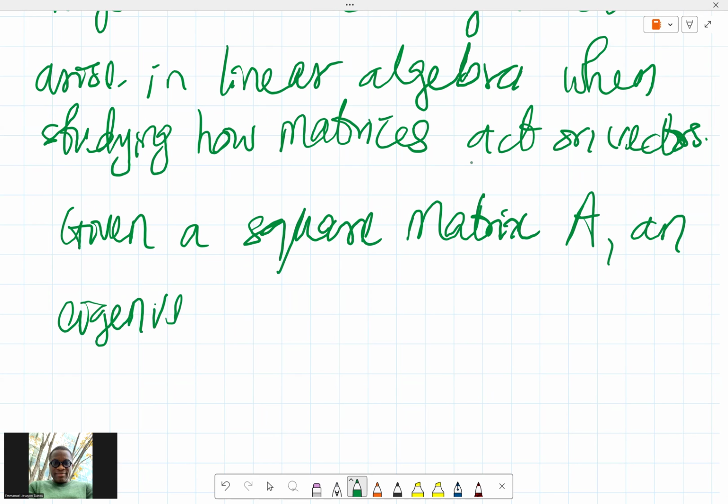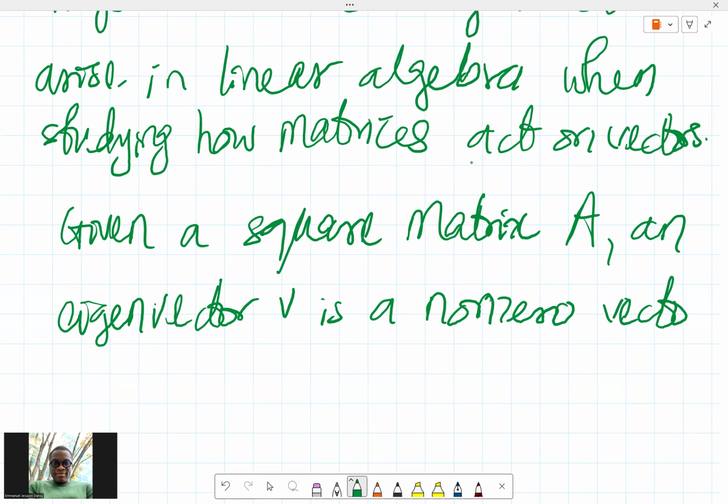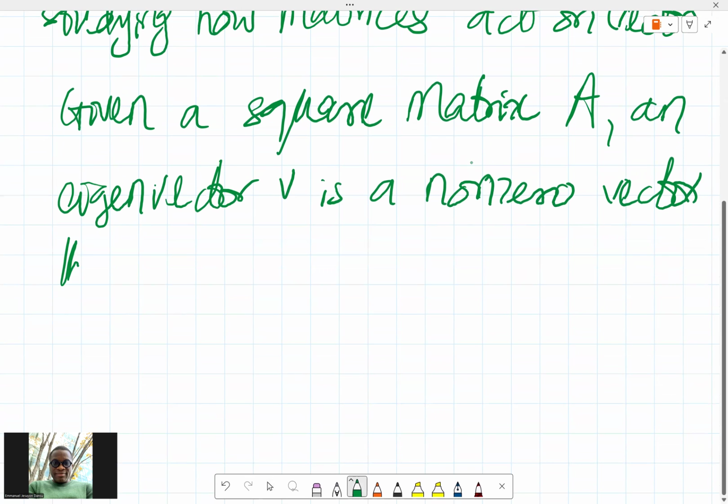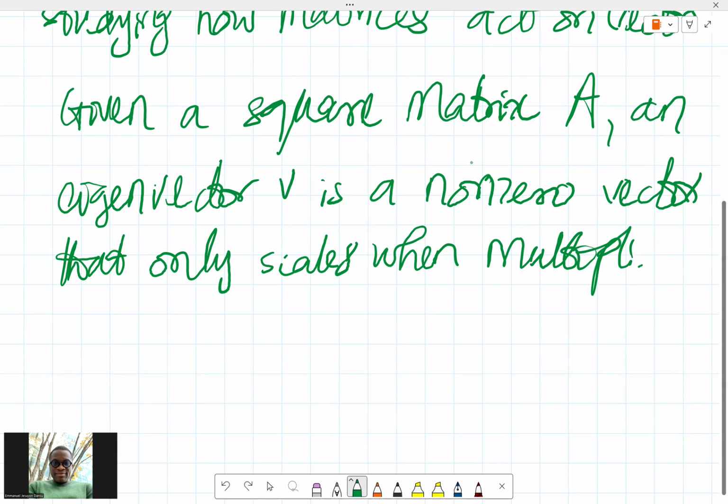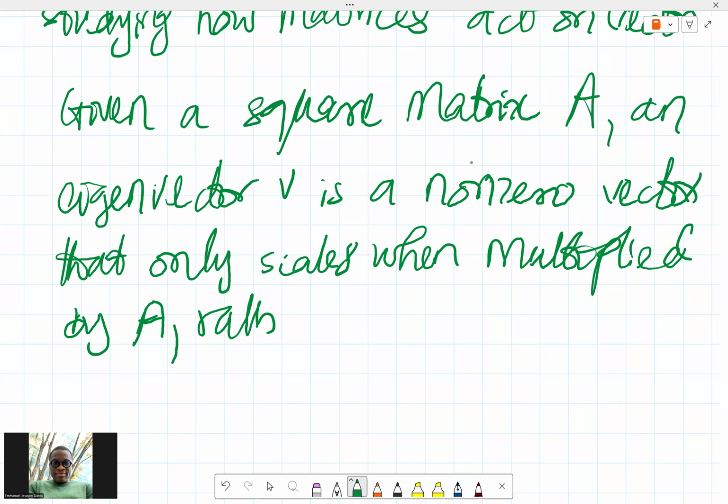eigenvector V is a non-zero vector that only scales when multiplied by A, rather than changing direction.